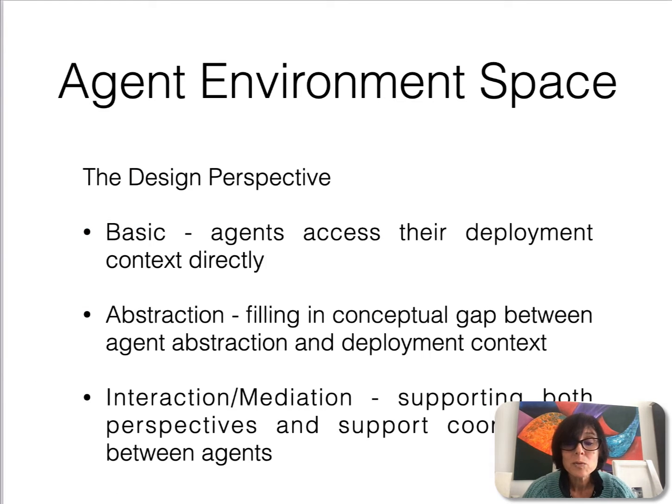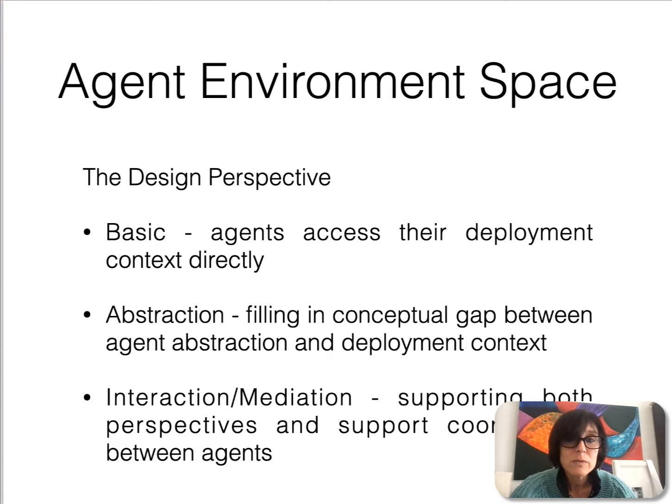Now, another way of describing the agent environment space is that of considering it from the perspective of a design abstraction, supporting the activities of the designer or the engineer. There are 3 different levels of support that can be provided by the environment.